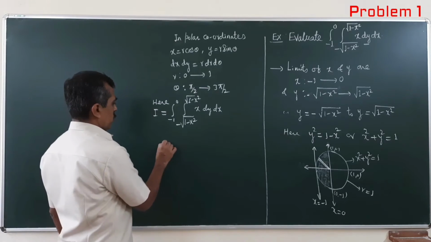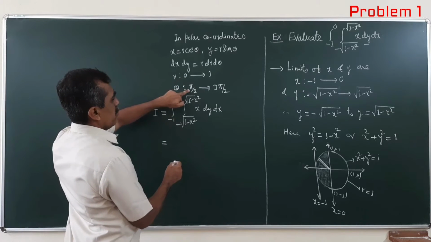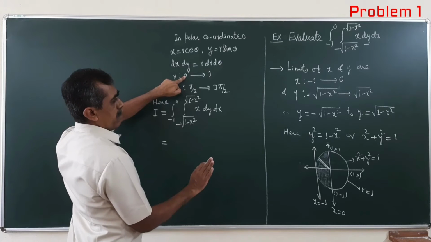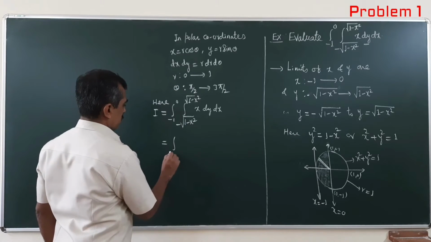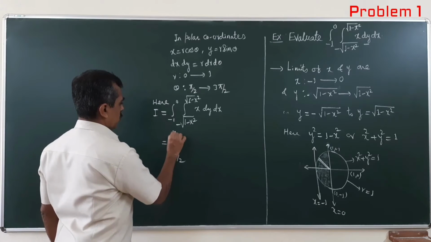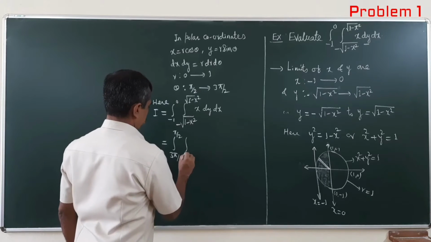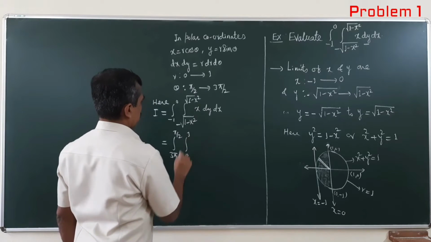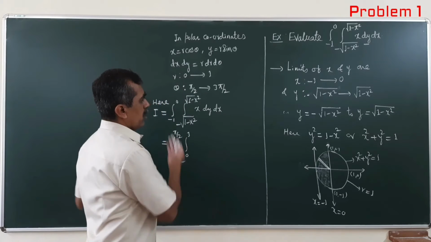So this is equal to, in polar coordinates, either you write these limits first or these limits first, doesn't matter. So I will go for theta from 3 pi by 2 to pi by 2, r from 0 to 1. These are the limits, change in limits.